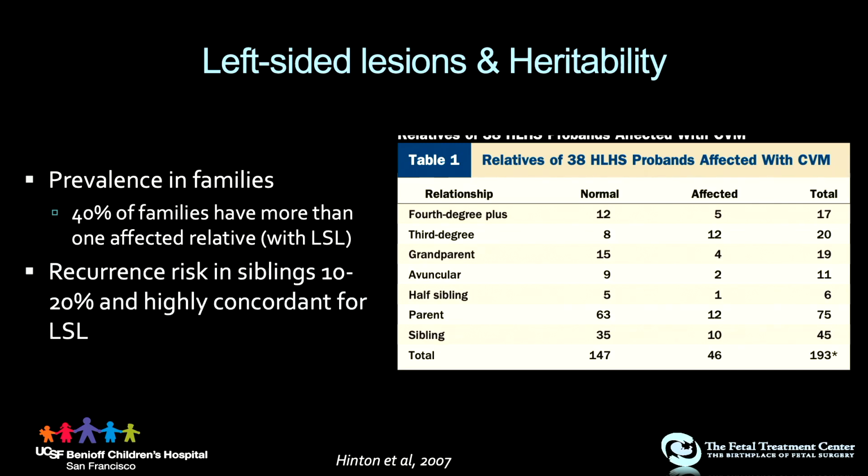And the recurrence risk based on multiple studies in siblings can be as high as 10 to 20% and highly concordant for a left-sided lesion. So when we diagnose coarctation, we counsel that if there is a subsequent pregnancy, we recommend early fetal echo or at least a fetal echo at the usual second trimester time point to assess for recurrence risk, especially if we want to make sure there isn't more severe forms of left-sided heart defects like HLHS.